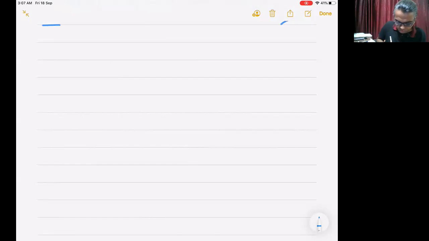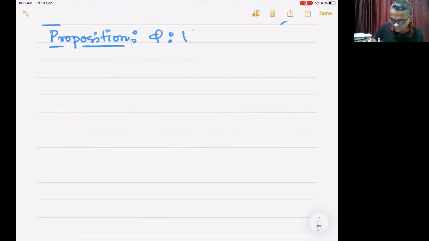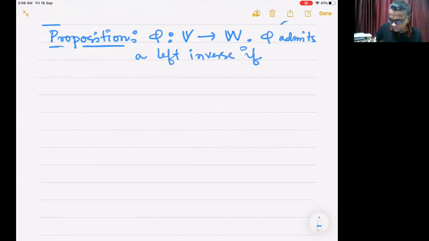So we try to prove this particular result. Proposition: phi, a map from V to W, phi admits a left inverse if and only if phi is 1 to 1.